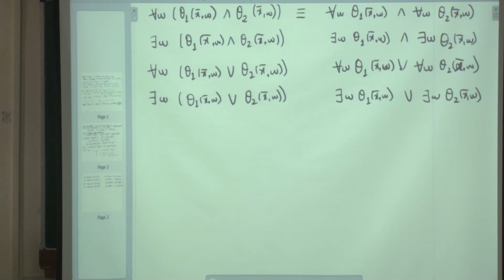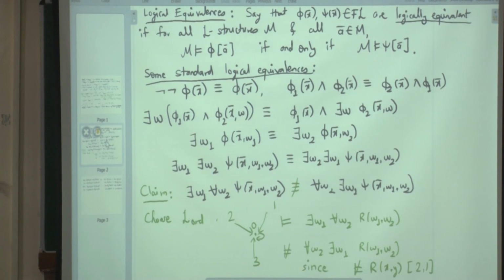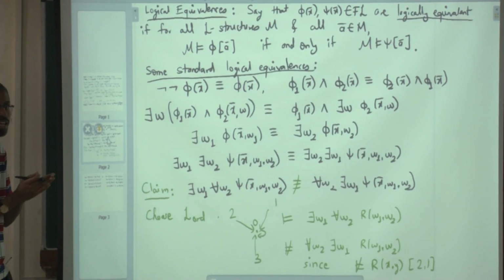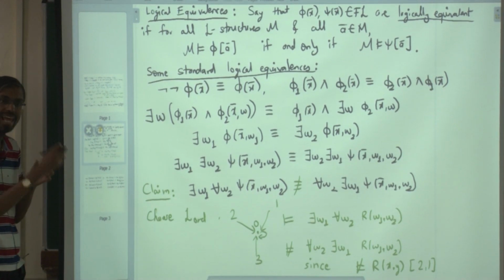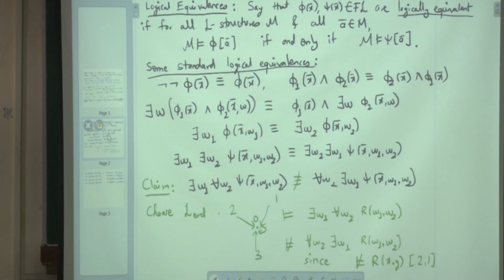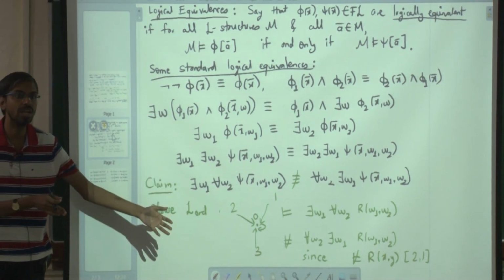Now how do you show that? How do you show that something is logically equivalent? You have to go through the entire procedure. You have to start with an arbitrary structure M. You have to start with an arbitrary tuple A bar, and then assume that the first formula is true, and you have to show that the second formula is true.